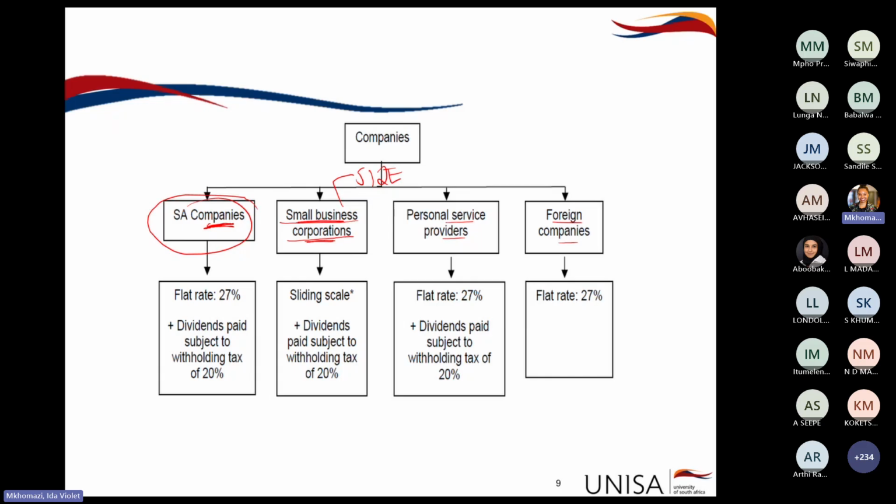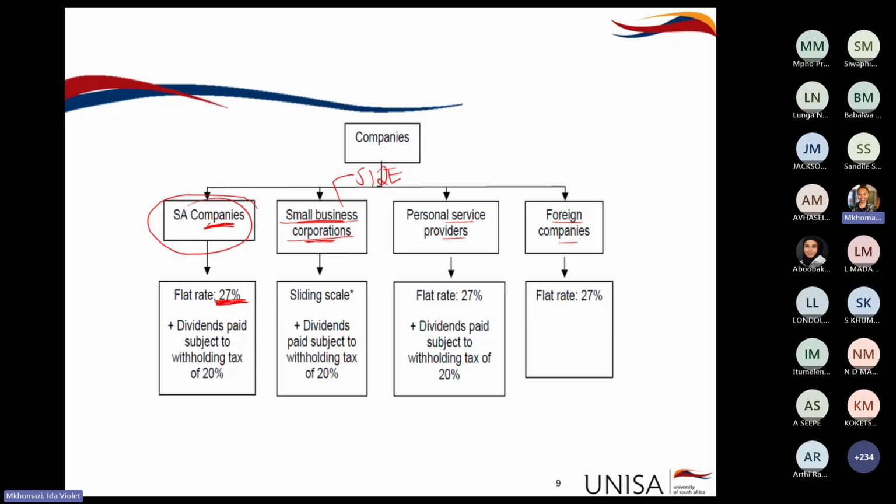Just a reminder that for companies, the corporate tax rate is 27%. It's not 28%. So if it happens that you have the old tax legislation, please just remember that the tax rate has changed since 2023.